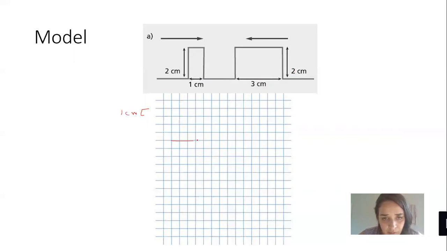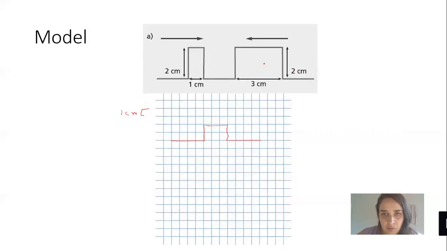So I have my flatness here, and then I'm going to draw this pulse. Each one of these squares is 2 centimeters. So that's my height. And then I have 1 centimeter this way, and then 3 centimeters total, and then come back down. So that's the pulse.